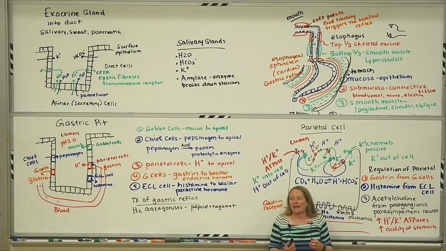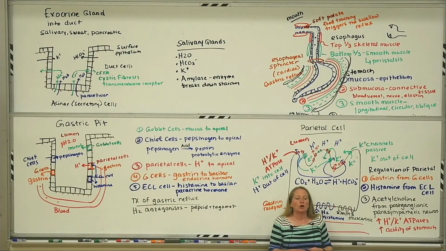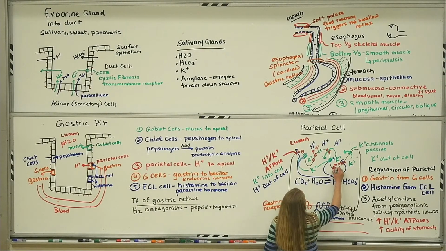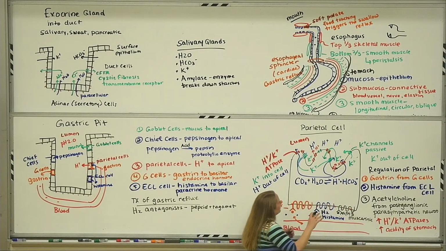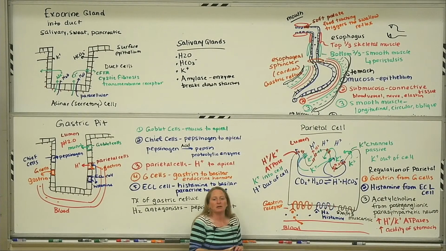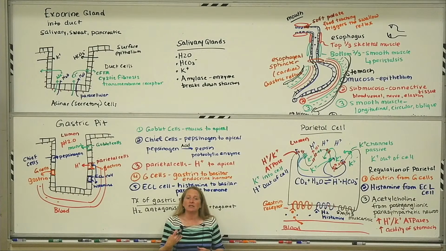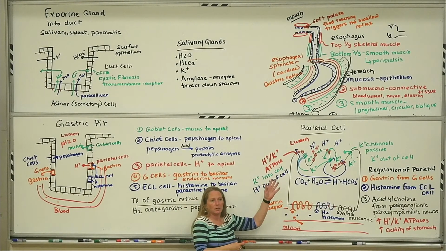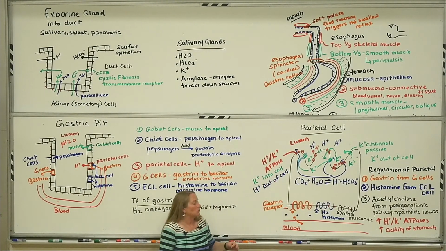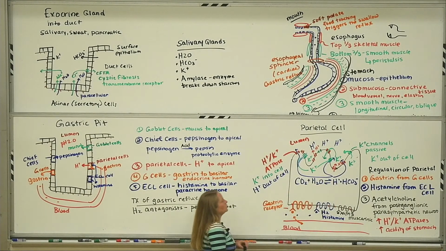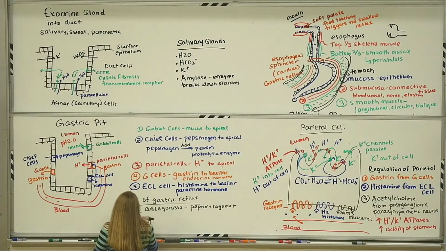They'll not only use an antagonist, they'll actually do a permanent inhibition. Okay, so they'll use drugs that will just permanently block these so that they're not usable anymore, and your body has to take them down and make new ones. And it takes time to do that. So that's why you can take these medications like in the morning and they're still working later, because they're basically just causing these to down-regulate so that you don't have channels to put hydrogen ions out.